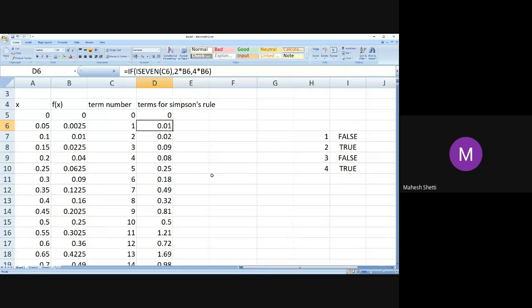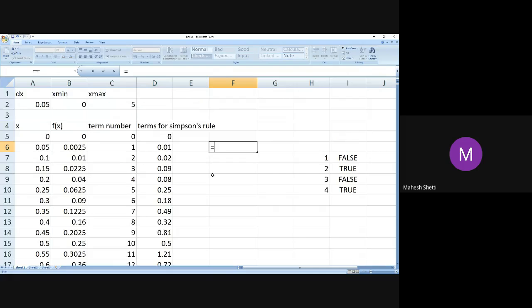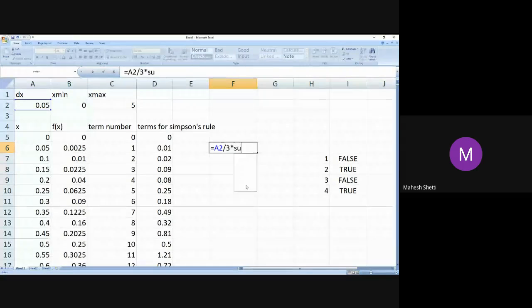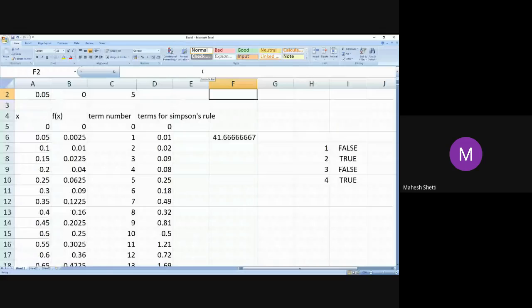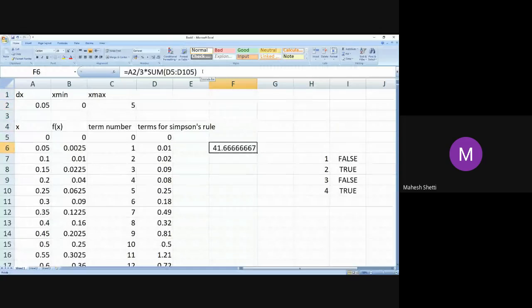Fine. Now my final expression is going to be equal to, remember, delta x divided by 3. So it is this A2 divided by 3 multiplied by this entire sum, from this point to this point. Complete the bracket. And this is what I get, 41.666666.